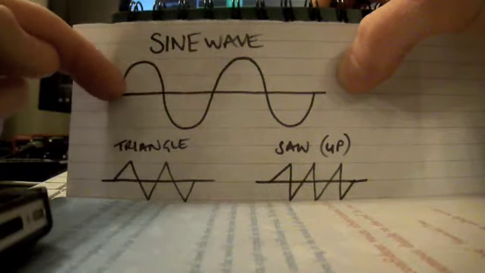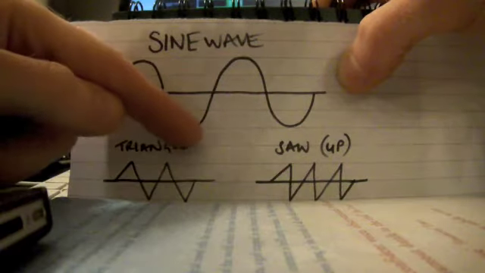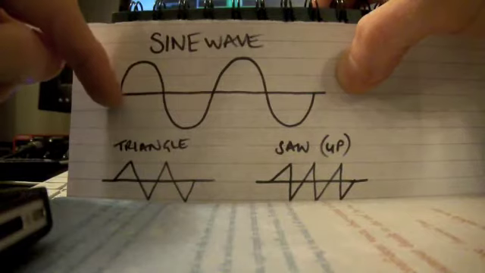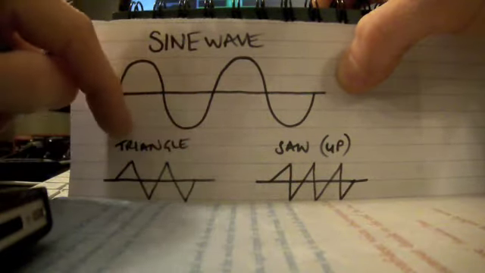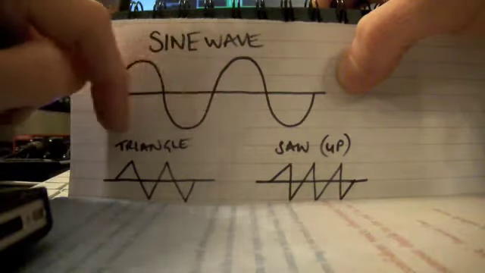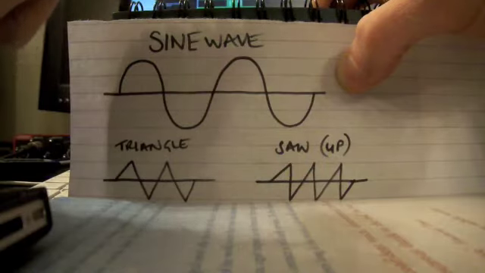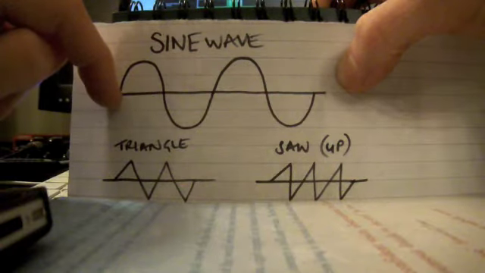So the filter will start opening and then closing, and then opening and closing, and you can adjust how much it opens, how much it closes, and how quickly, the rate. That's basically the workings behind the wobble effect.